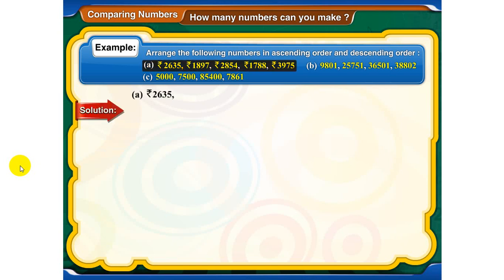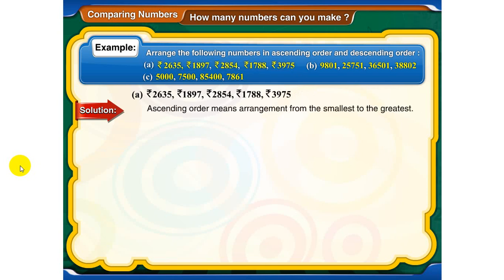Solution. A. Rupees 2,635, Rupees 1,897, Rupees 2,854, Rupees 1,788 and Rupees 3,975. Ascending order means arrangement from the smallest to the greatest.